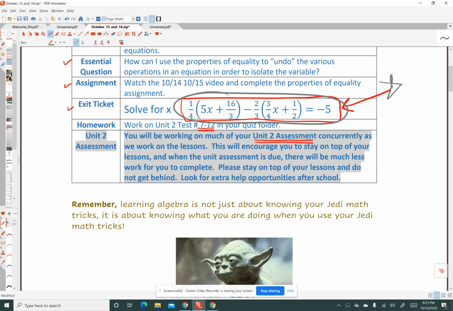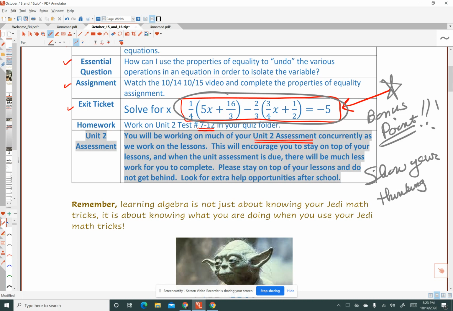But I'd really like to see you try this. And let's earn a bonus point that you can use on the next test if you can get it right and show your thinking. Let me know how you got there by showing me all the steps.